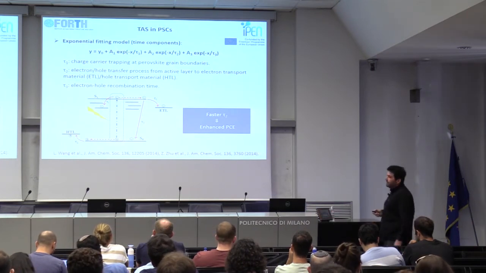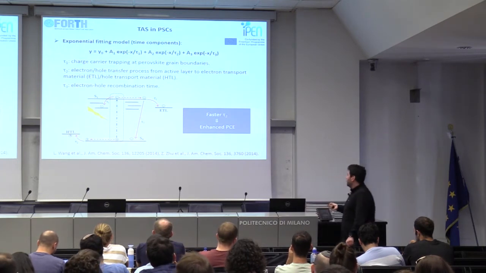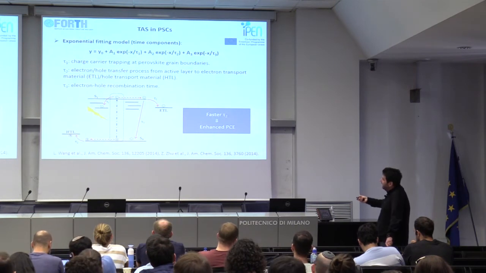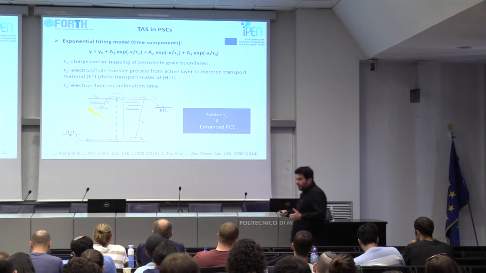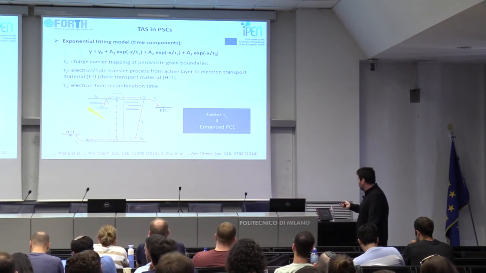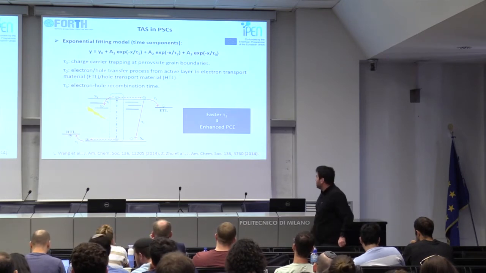And it is generally acknowledged when you follow this model that the critical component is the T2, where if you have faster and more efficient charge extraction from the perovskite layer to the electrodes, you will end up with an enhanced photovoltaic performance.